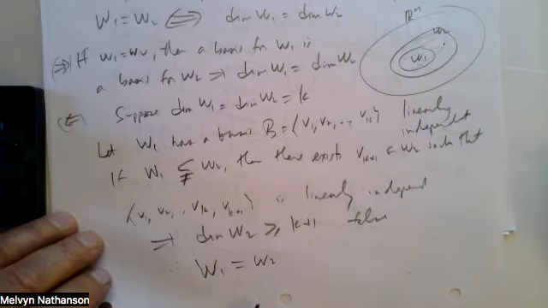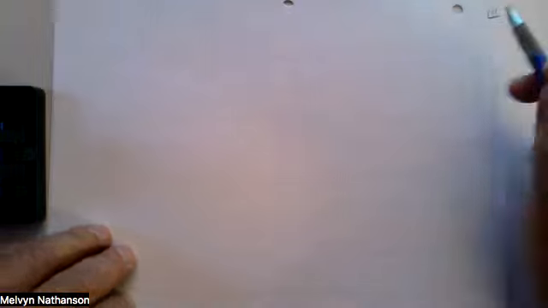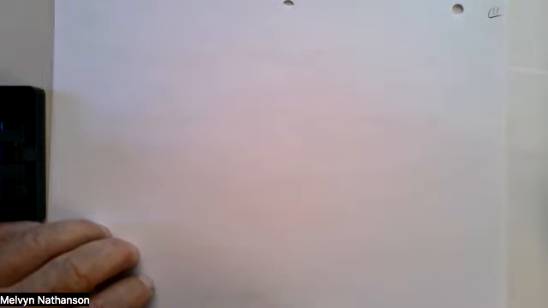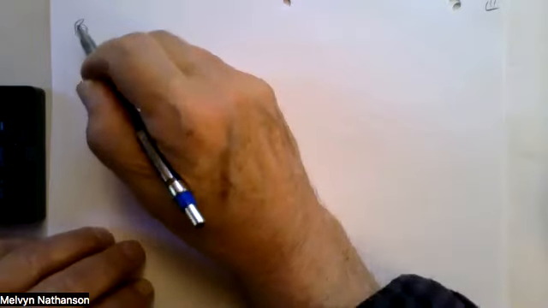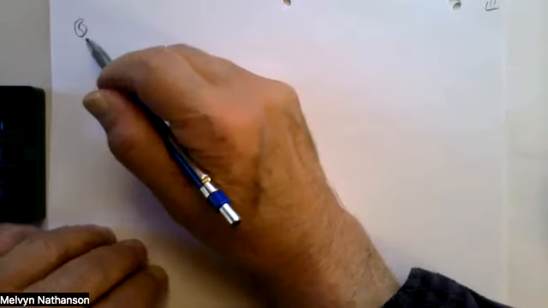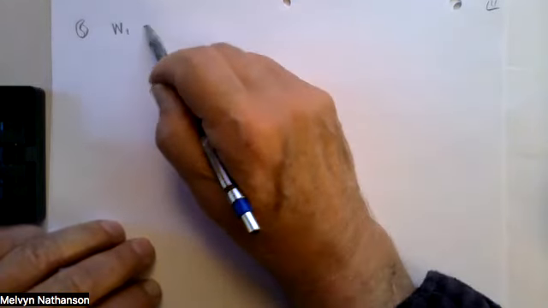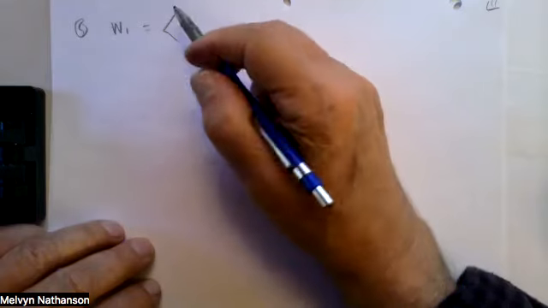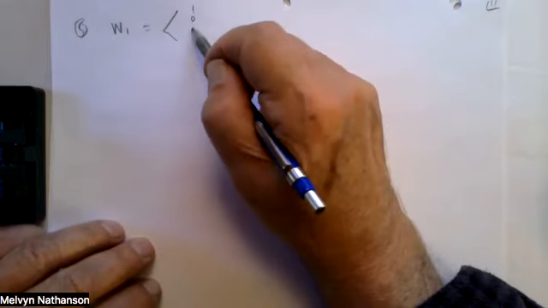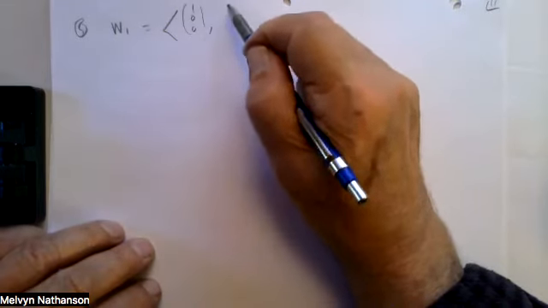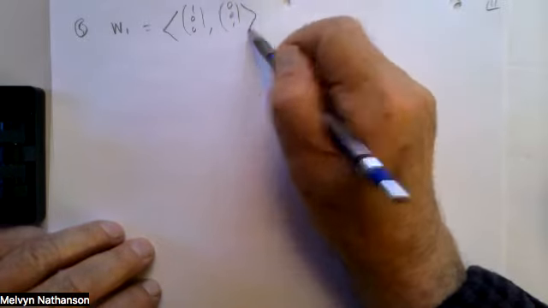And what is problem 5, which was the last problem in this section? So in problem 5, we have in R3, W1 is the subspace generated by the vectors 1, 0, 0 and 0, 0, 1.